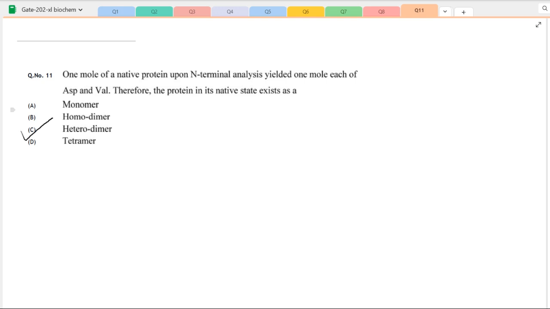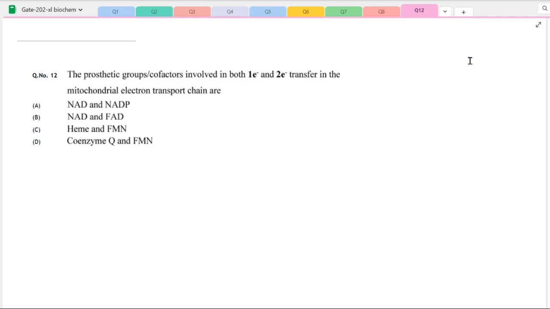If it had been just one amino acid, it would be difficult to say. But if it's two types of amino acids, then it's a heterodimer because two different amino acids are yielded upon the N-terminal analysis. Okay, moving on to the next question.